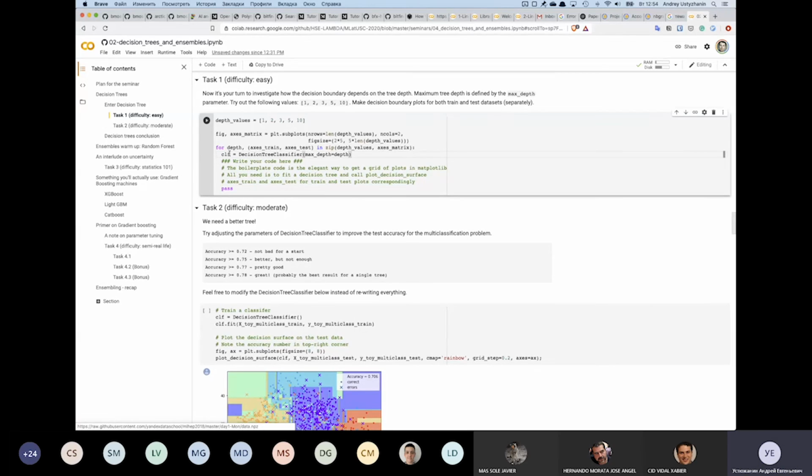And again, we can fit it to the data using the same line: X toy train, y toy train.